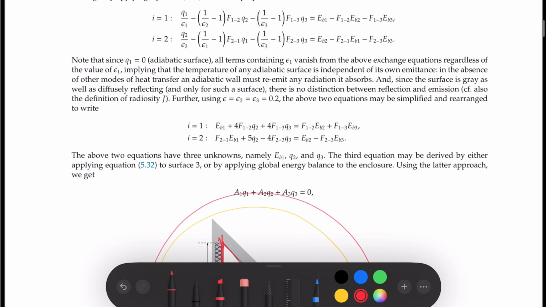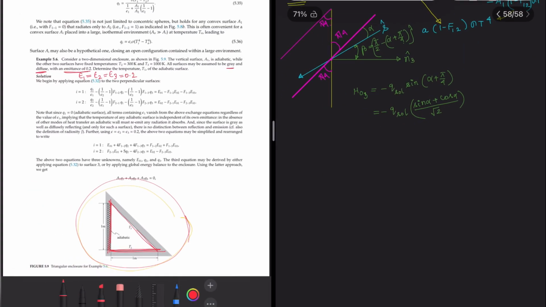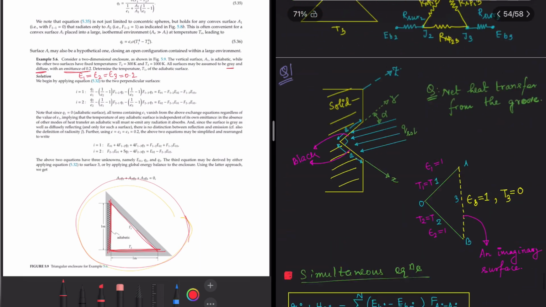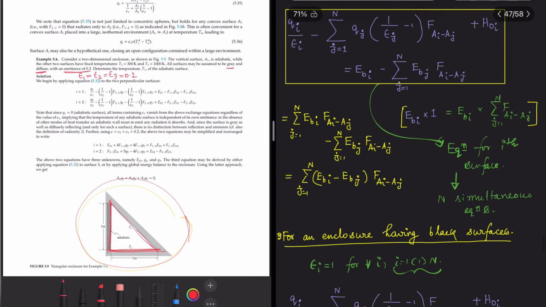Now I will not solve this problem with the first method because it is already solved in the book. So I will explain it. Let me open my notes also. See, I have derived this equation here.